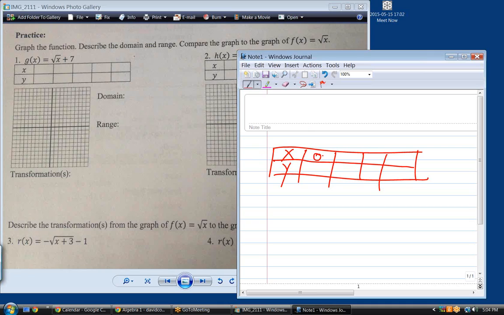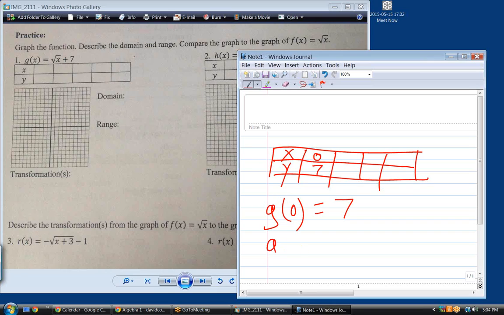Plug x equals 0 into this, and what do you get for g of x? 7. So when x is 0, y is 7. That's the same as saying g of 0 equals 7.